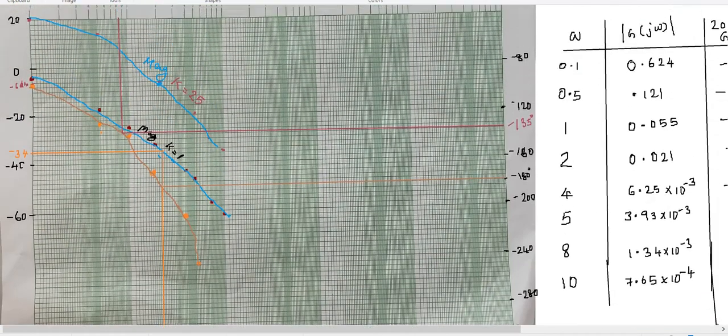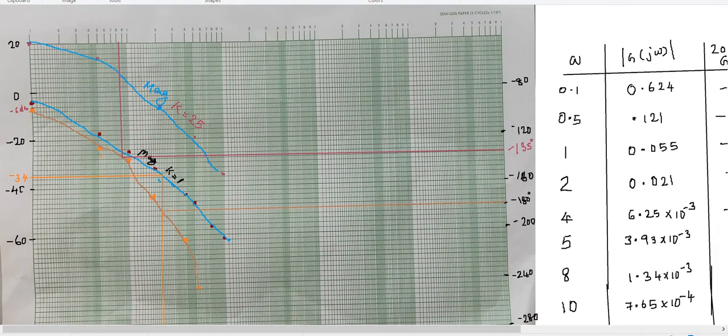So how can we make omega gc as 0.85? At omega gc, the magnitude of the open loop transfer function should be 0 decibels.